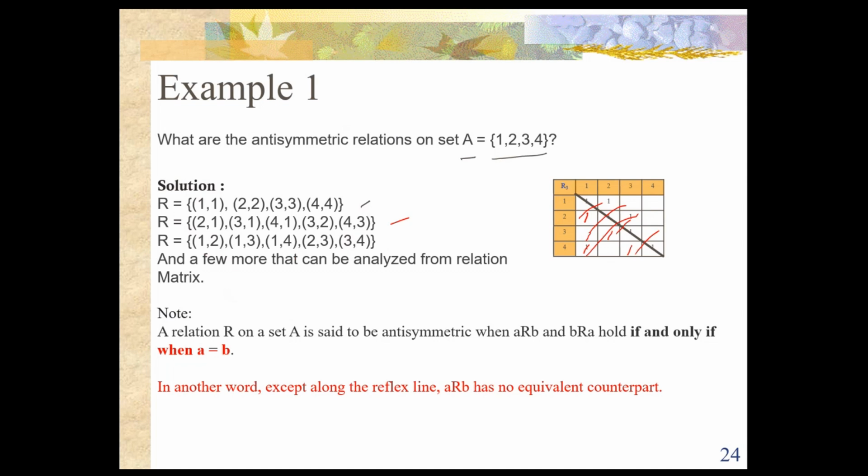Actually, there are many more. So if I were to draw the relation matrix, I'm not going to reuse it because it's already quite cluttered. Let me draw another relation matrix.